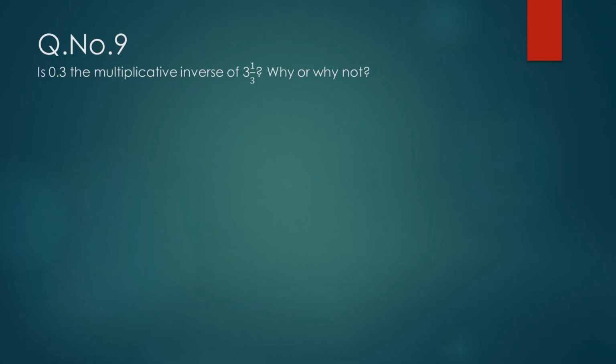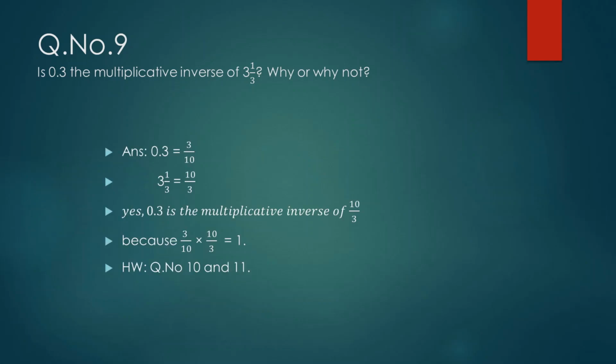Now question number 9. Is 0.3 the multiplicative inverse of 3 1 upon 3? Why or why not? First, we can convert the decimal number into fraction. That is 0.3. After decimal only one digit is there. So 3 upon 10. Now change the mixed fraction of 3 1 by 3 into improper fraction.